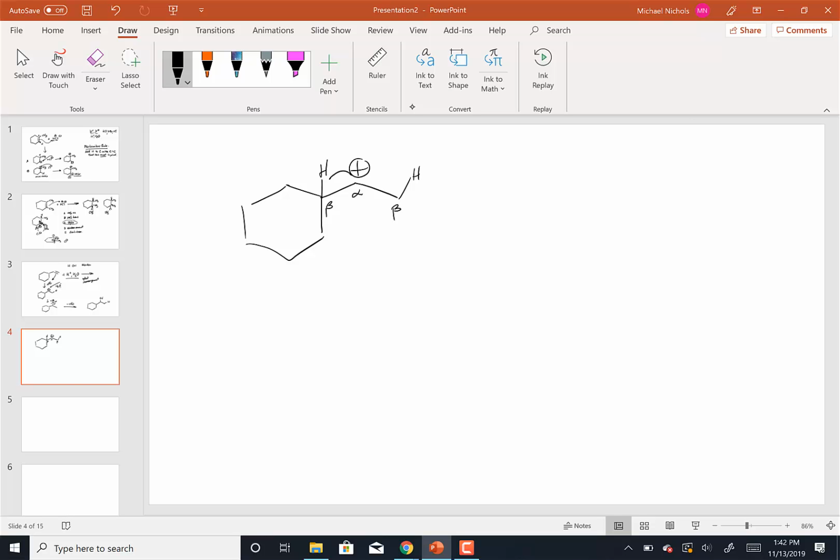So I would shift this one over. If I do that hydride shift, I'm going to end up with the plus charge there, and then the hydrogen will move to the secondary carbon. And what happens next? Add your water, lose your proton, and you'll get the final product.